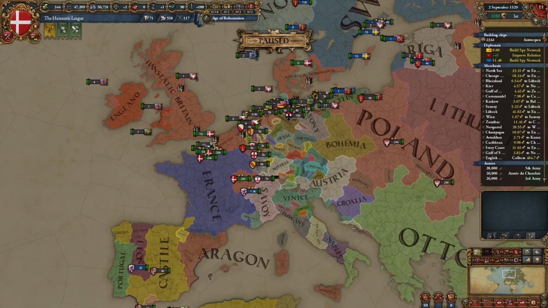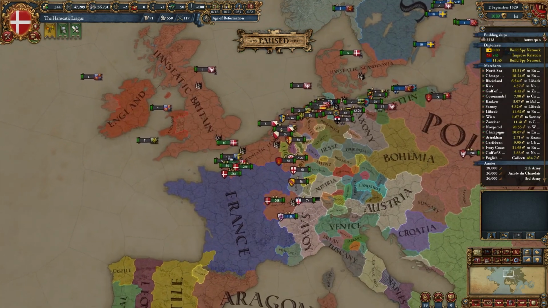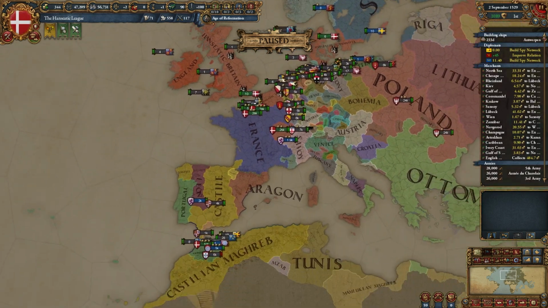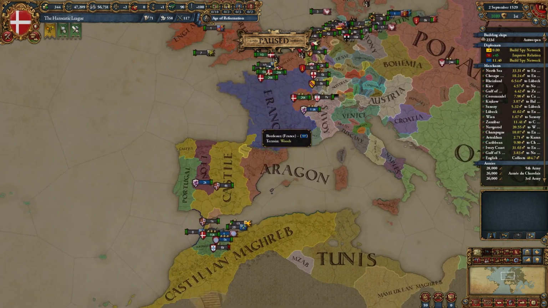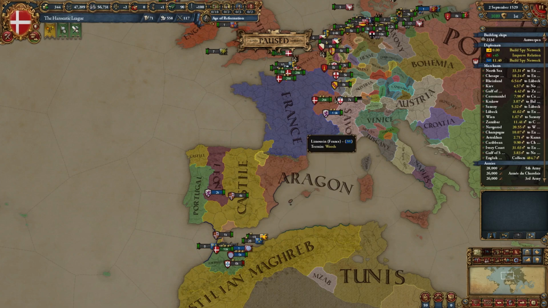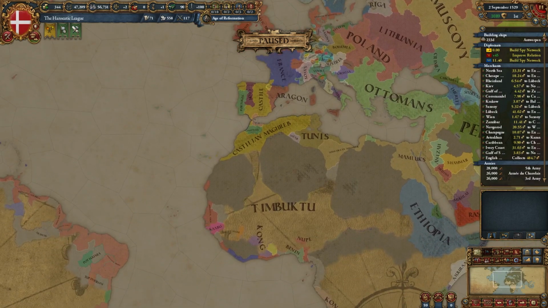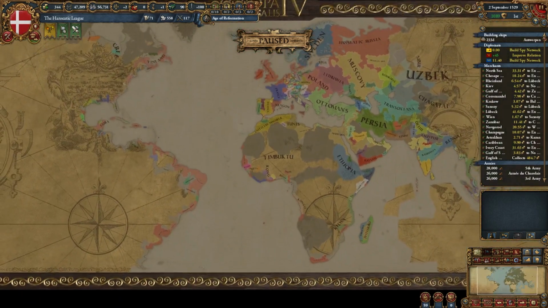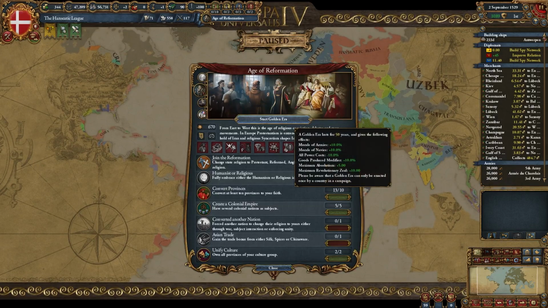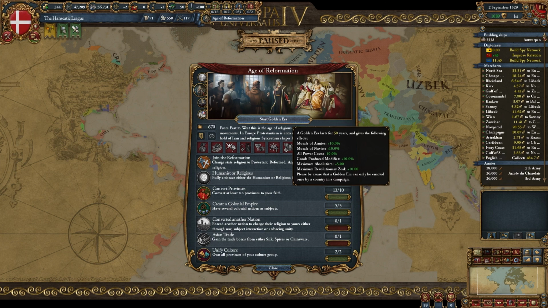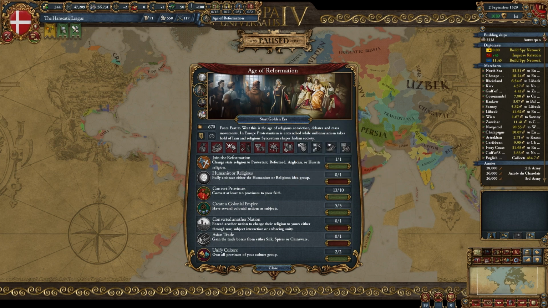Then except for those two Lübeck and English Channel trade nodes, as I said, I'm going to try to cut off the Spanish nations and France, obviously. And then I'm going to start a golden era, but not yet. I'm going to start it after 1550, so that the 10% goods produced modifier over there actually lasts until 1600, so that I can use that.